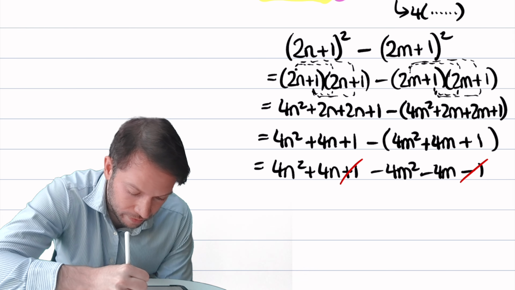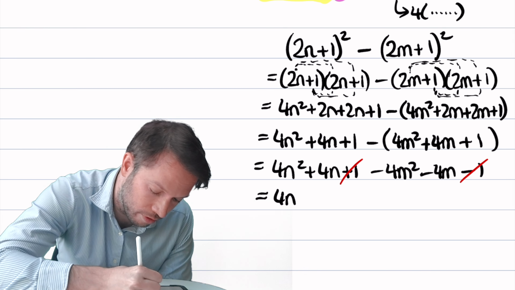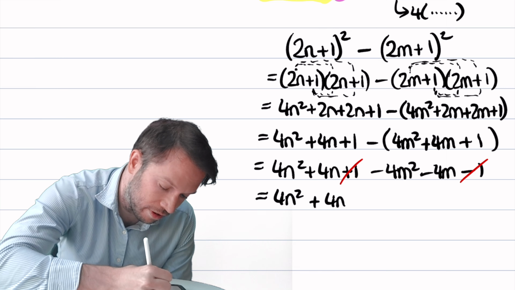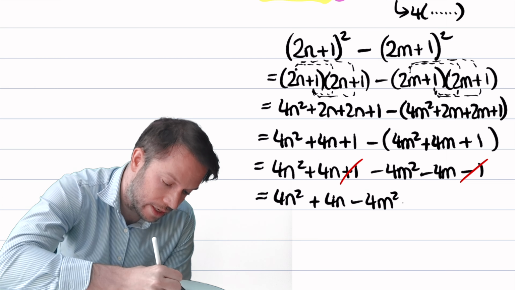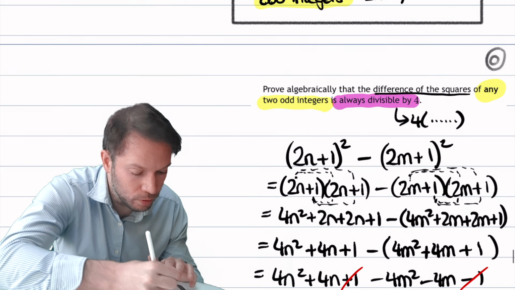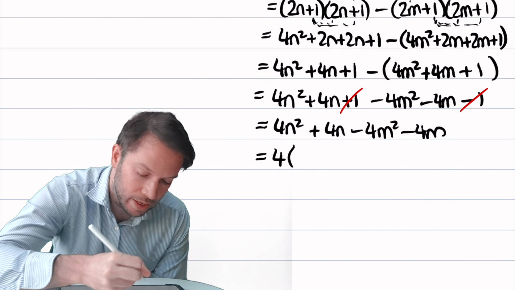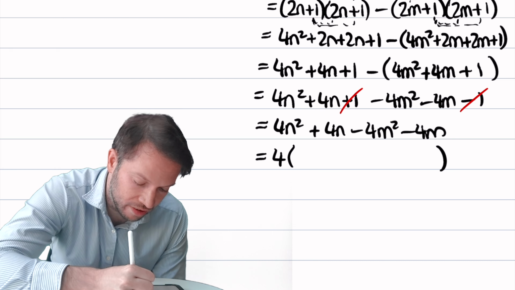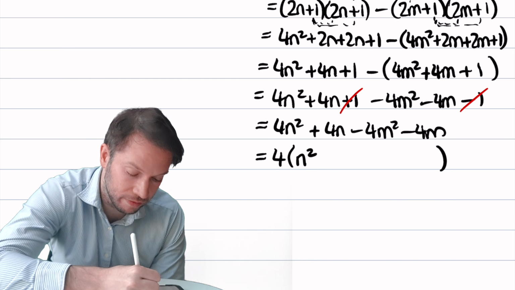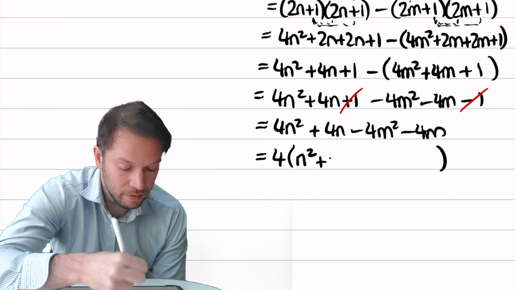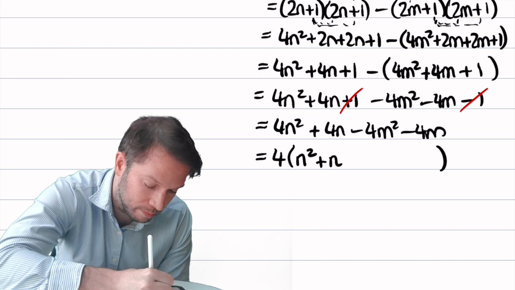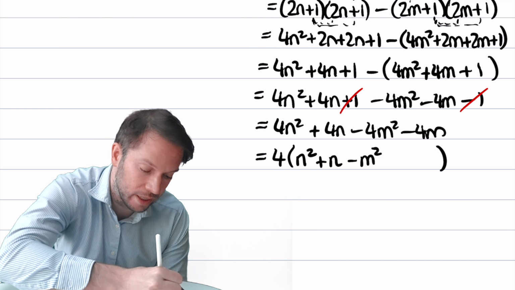So we're left with 4n squared plus 4n minus 4m squared minus 4m. Can we write this in the form 4 times something? Well, we just need to factorize out the 4. 4 times what is 4n squared? It's n squared. 4 times what is 4n? It's plus n. 4 times what is minus 4m squared? It's minus m squared. And 4 times what is minus 4m? It's minus m.